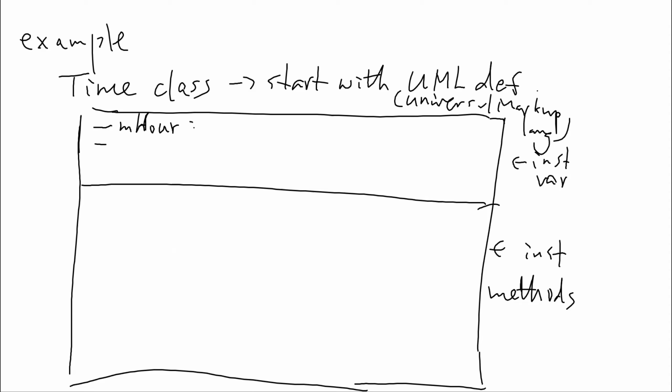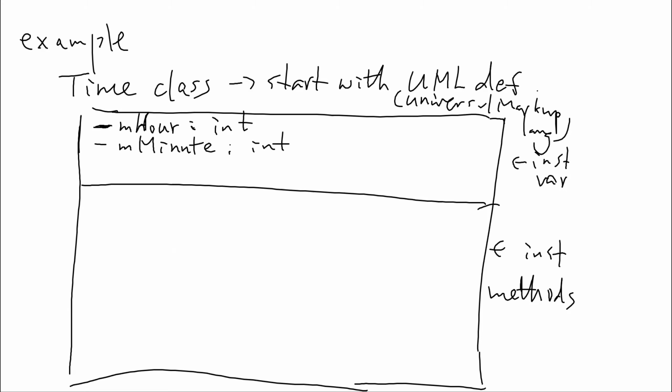What's the type to represent hour? Generally, we use integer. And it's private, so I mark it with a minus sign. We're also interested in minute, so I write mMinute, and then colon, and what's the type? It's also integer.